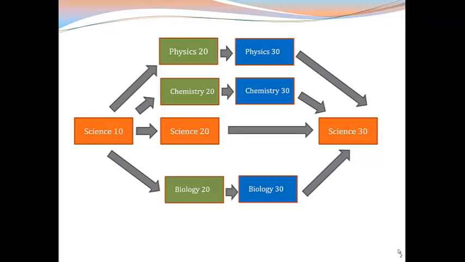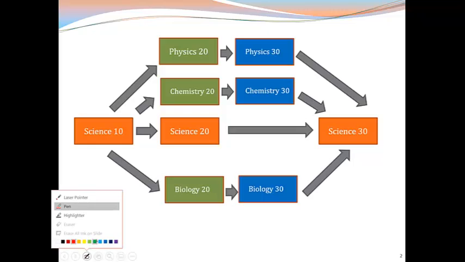We could do this for all the other fields. Someone maybe took Physics 20 and then came to Science 30. Some go all the way to Physics 30, Chem 30, Bio 30. But one of the complexities is we have students with a wide range of backgrounds who are here taking the Science 30 Diploma Prep course. Some students maybe just took Science 10, then Chem 20, and then went straight to Science 30.